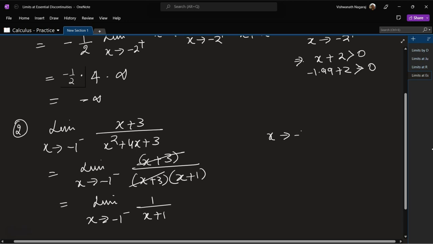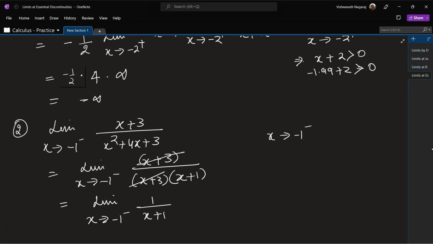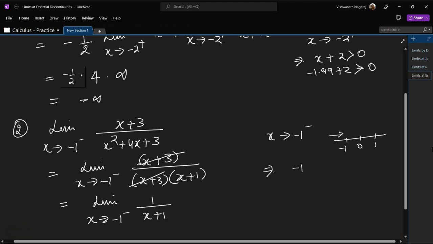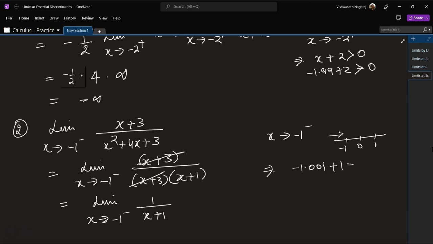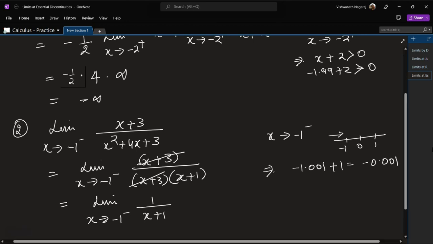Now x approaches minus 1 from the left hand side means this is 1, this is minus 1, this is 0. From the left hand side means from this side. That means it is going to be minus 1.001 kind of thing. So this implies minus 1.001 plus 1, which is equal to minus 0.001.